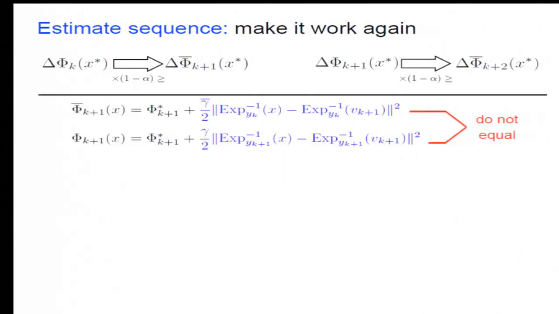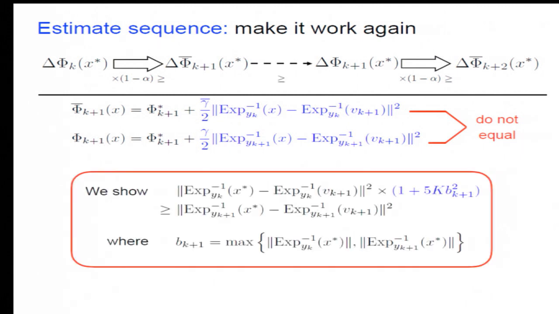Then what we find is that, although these two quantities do not equal, we can use tools in differential geometry as well as analysis to give a multiplicative bound on the difference, which depends on the sectional curvature upper bound, as well as b k plus 1 here, the distance from the iterates to the minimizer.